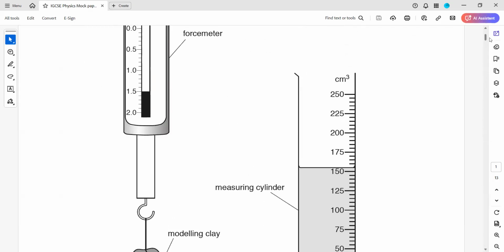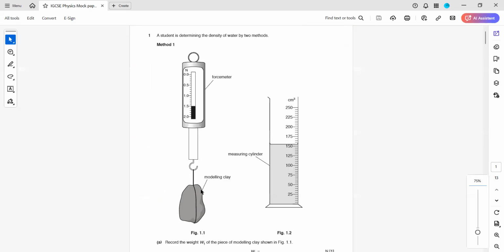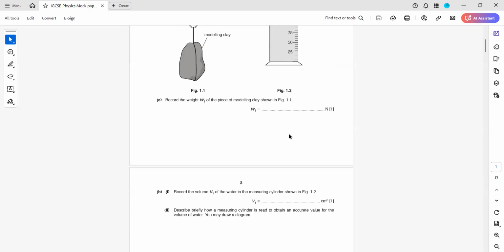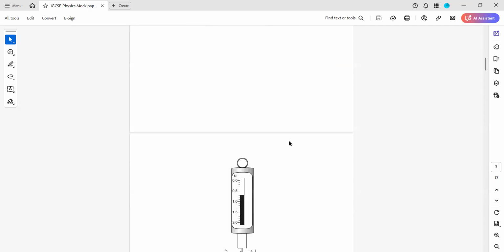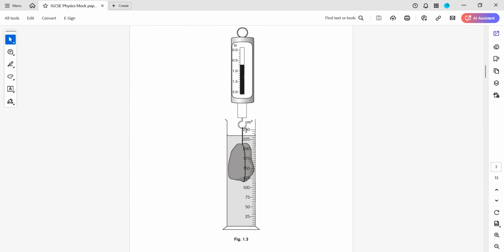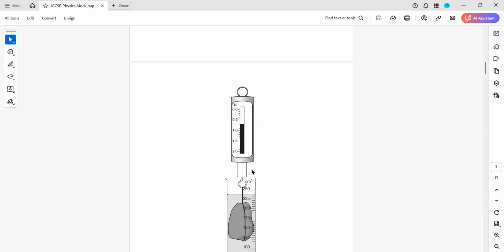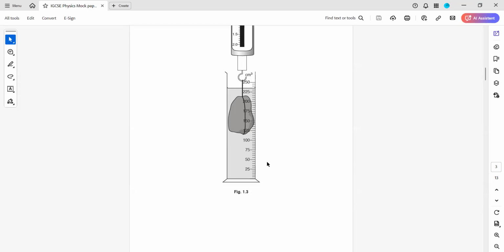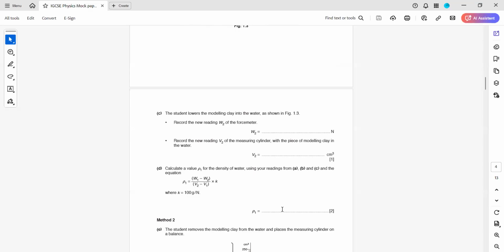Look, in the first method, we got the weight by using the spring balance or force meter. Then we used a displacement method to know the volume. That's how we got the volume. And the weight we already know using the force meter, and using a formula, we got the density.